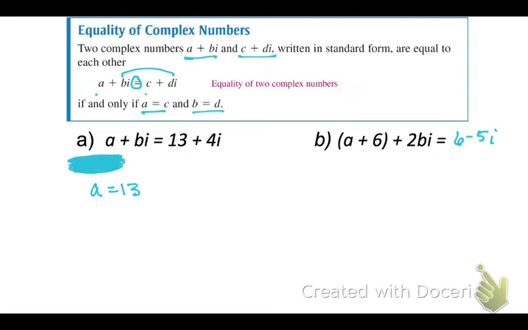What is the imaginary part on the left? BI. What is the imaginary part on the right? 4I. So what is A? 13. What is B? 4. That's all you do.